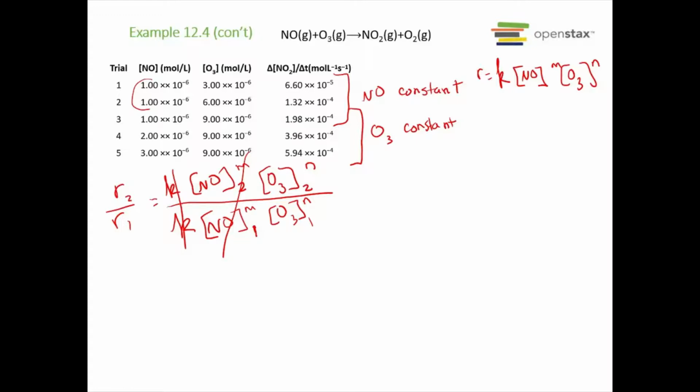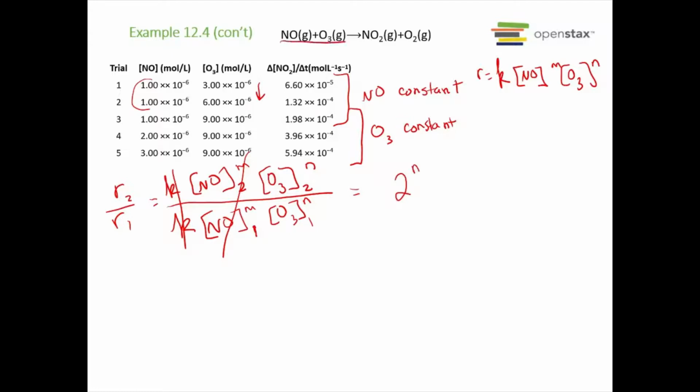But what we see here is our concentration of ozone doubles. It goes from 3 to 6. So we have 6.00 times 10 to the negative 6 divided by 3.00 times 10 to the negative 6. So that tells us that we have 2 to the n power.